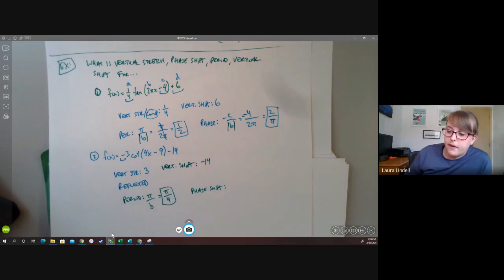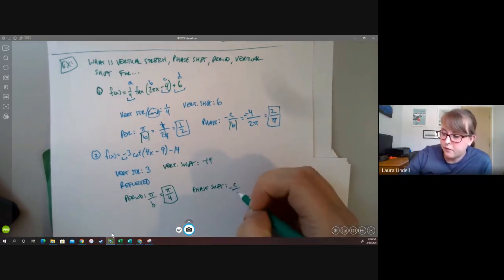All right, last one, the phase shift. Negative c over b. What do we get?